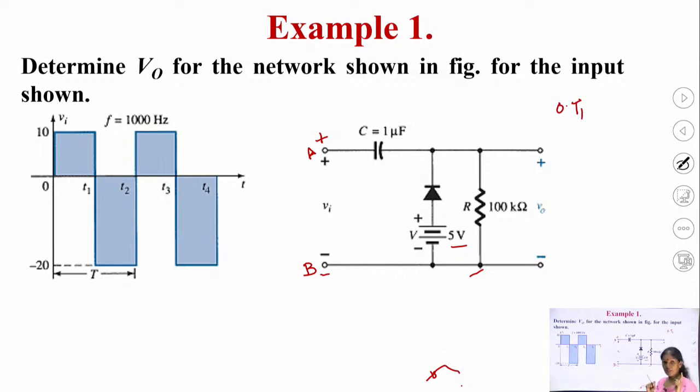So, that is why in the first half cycle, that is 0 to T1, the diode will be in a reverse bias state, and we cannot start our analysis for the first half cycle until our diode comes into the forward bias state for the first time. So, for the first half cycle, your diode is in a reverse bias state. That means our capacitor will not get charged, so we cannot start our analysis. So, what we can do? We can say no analysis.